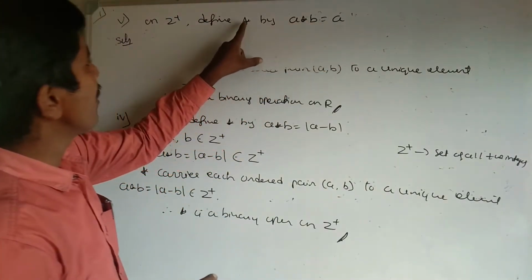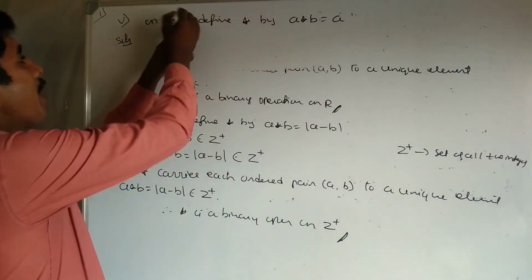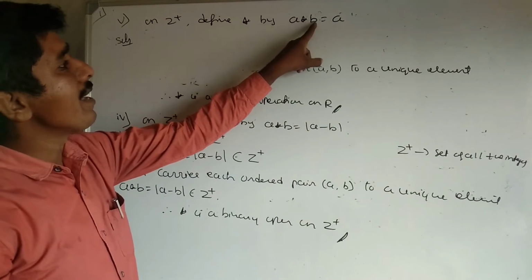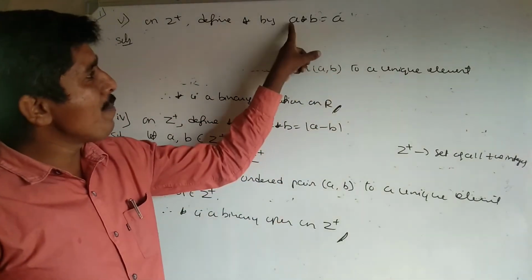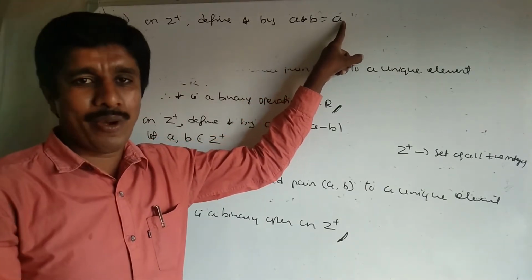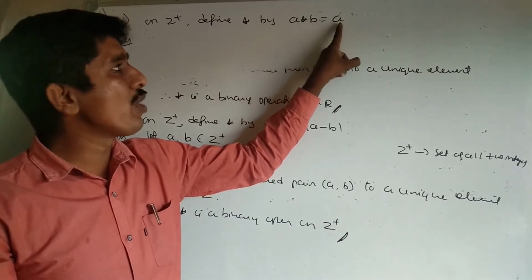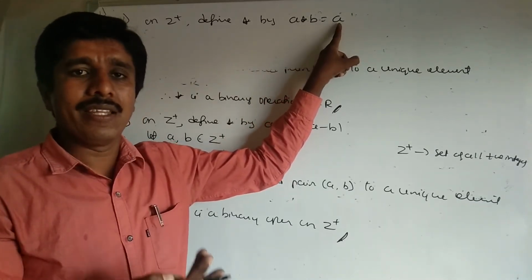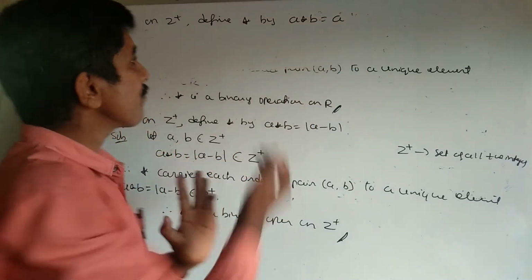Star is defined on the set Z plus, the set of all positive integers, which means clearly a and b are positive integers. On the right-hand side, a is a positive integer. Therefore you take any two positive integers, and it gives a unique positive integer element. Therefore here star is a binary operation.